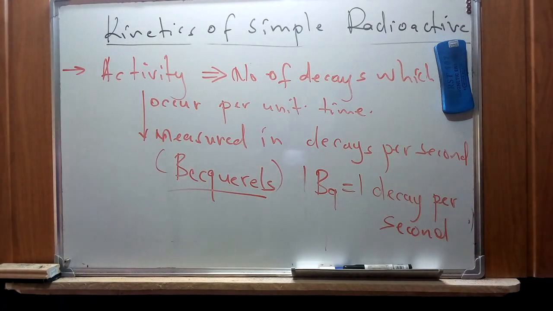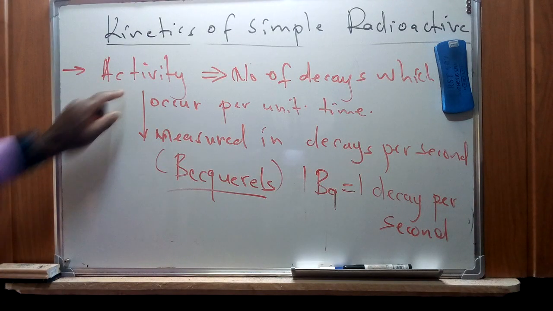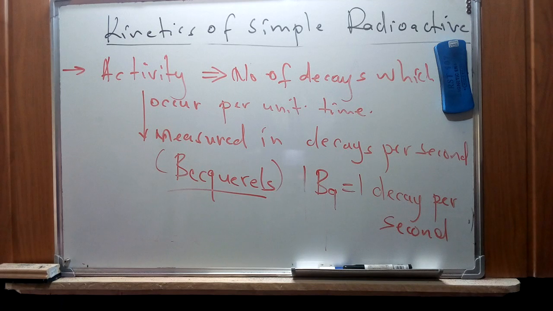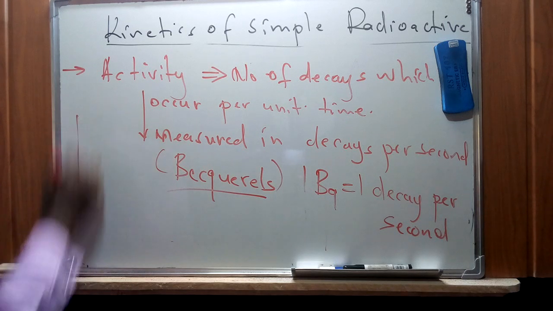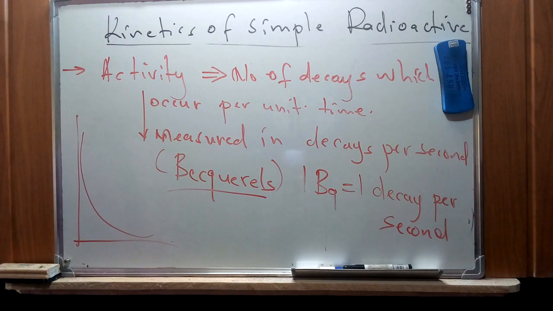So those are the basic units that are used to refer to the activity of radioactive isotopes. So therefore, the activity of a radioactive source decreases over time as I had given using this exponential decay curve, so that one is understood.